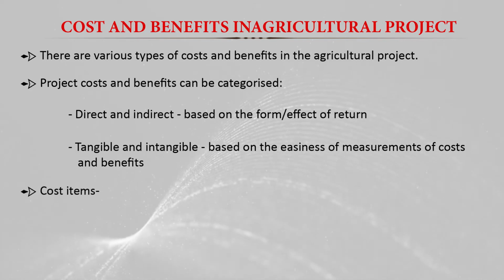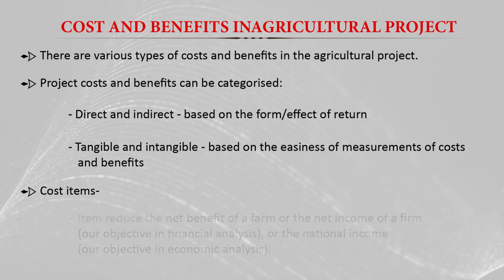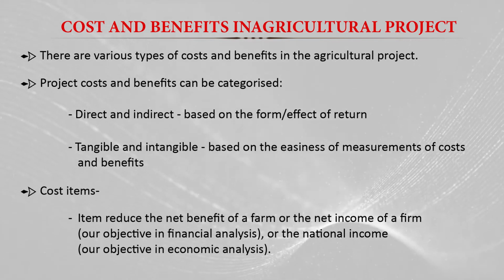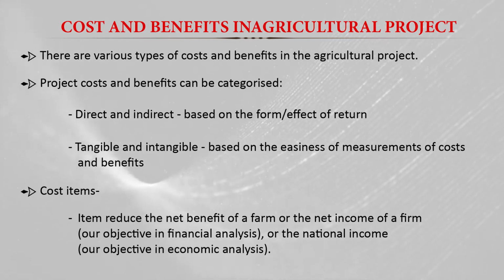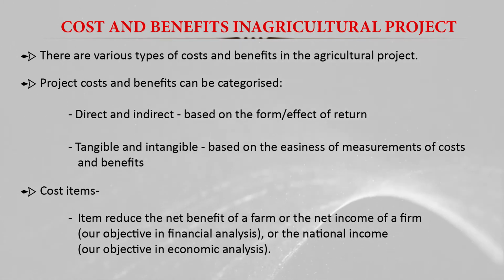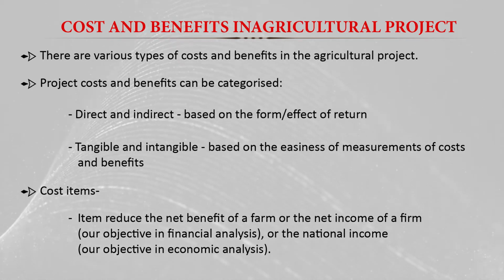We have different types of cost items. Cost items basically reduce the net income of a firm in financial analysis, or in the case of national income, where our objective is economic analysis, the cost items reduce the benefit to the society.